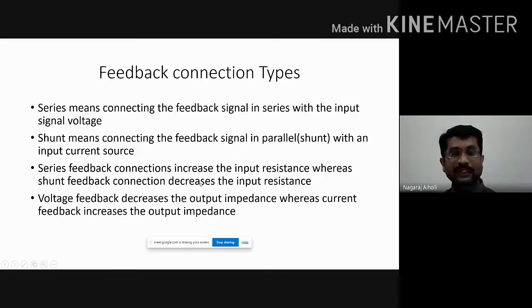The series feedback connection results in an increase in input impedance, and the shunt feedback connection results in a decrease in the input resistance.